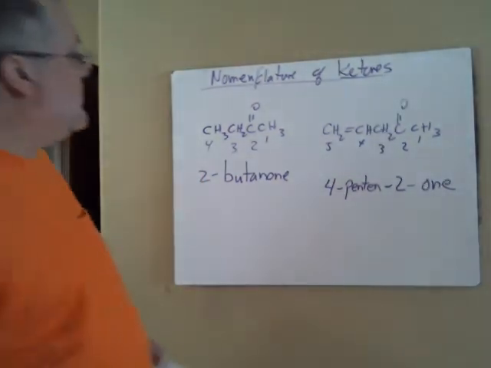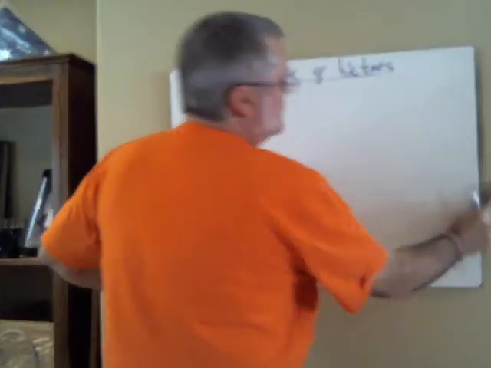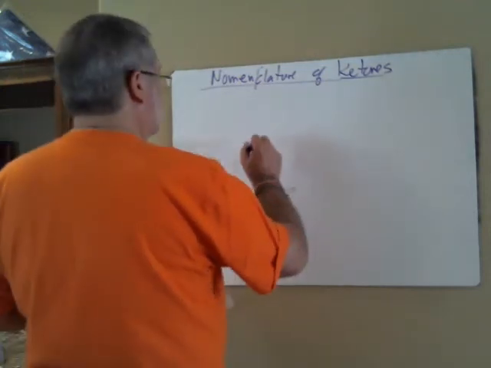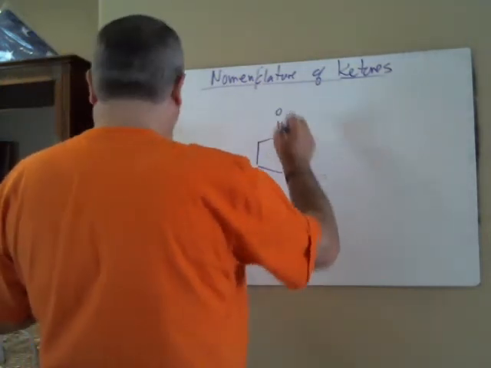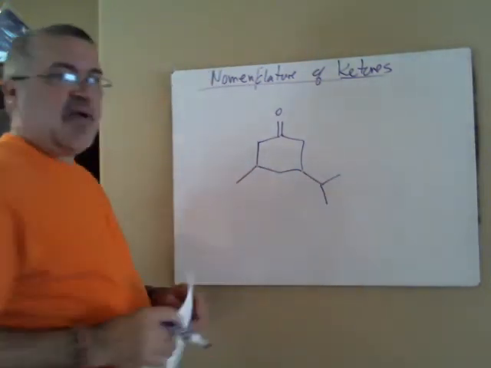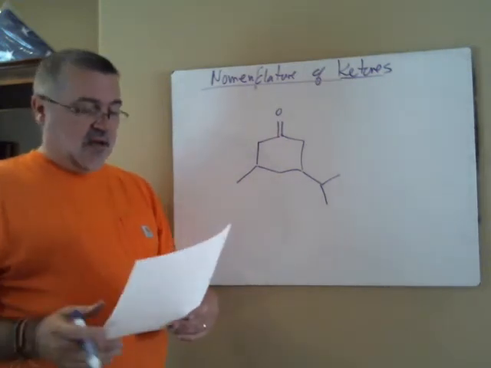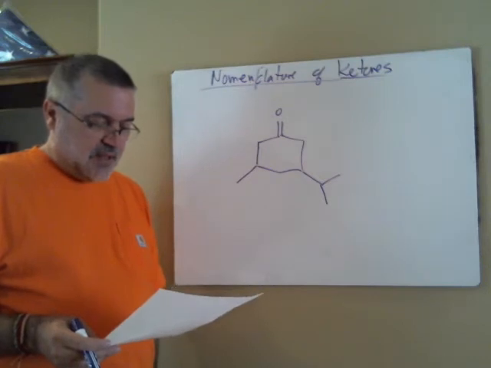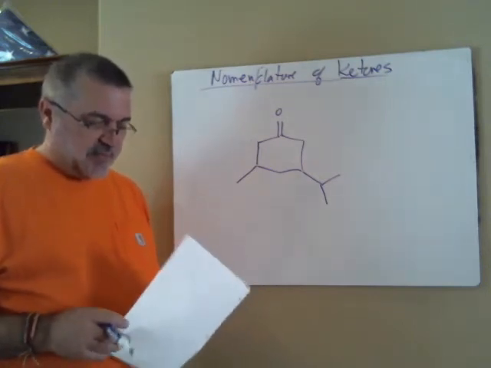What about this one? So now I'm actually putting a carbonyl within the ring itself. And, don't let your brain explode here, because you basically would name it like you would expect.